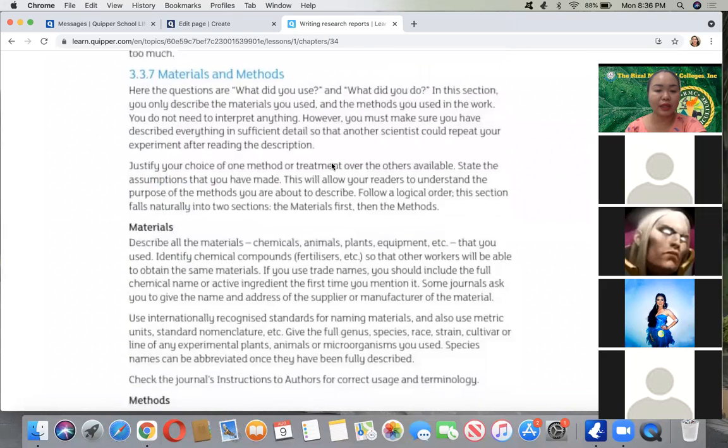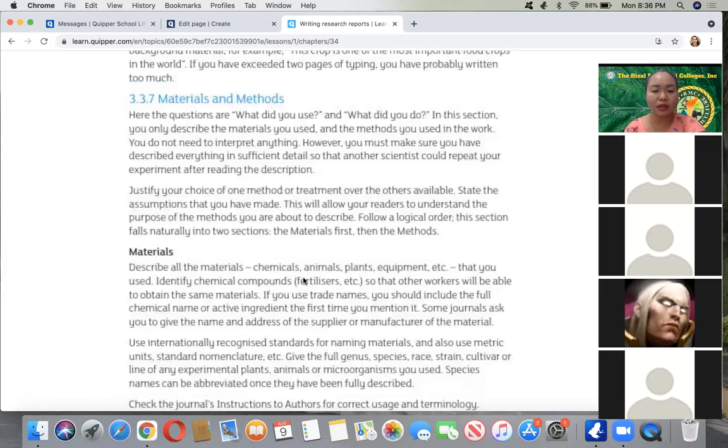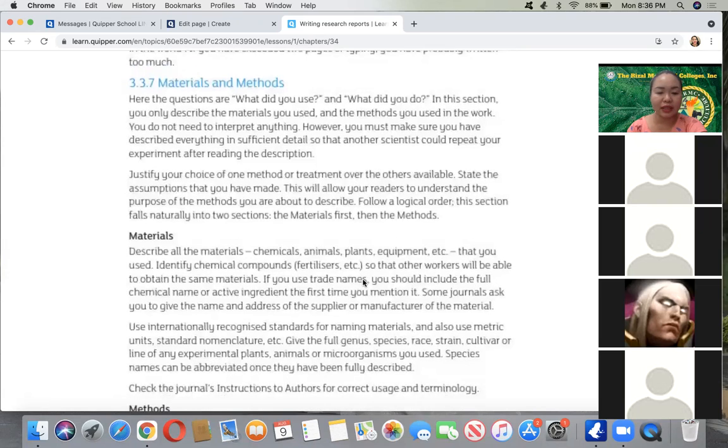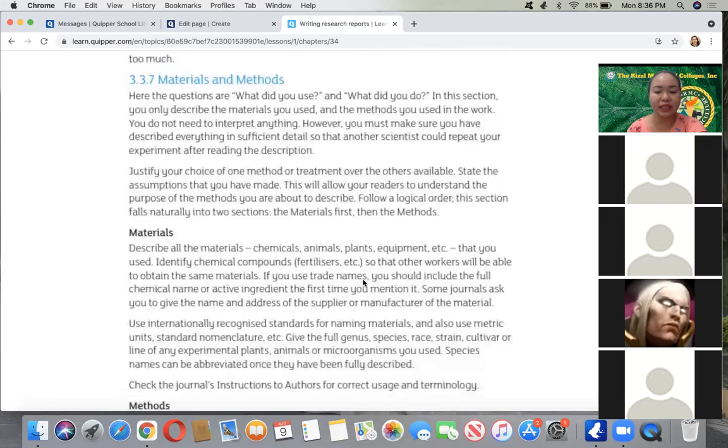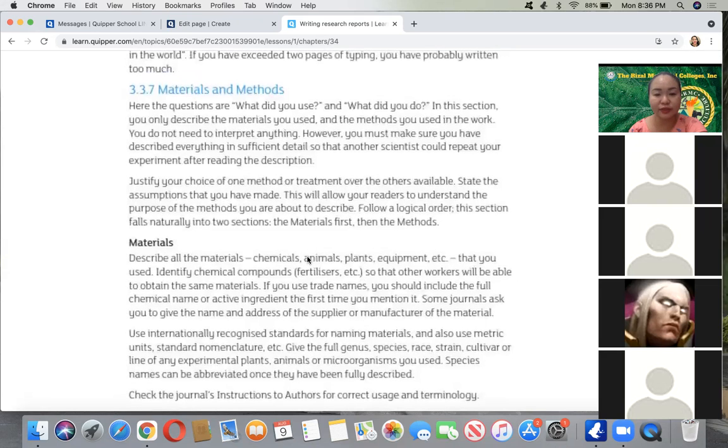The tip here is to describe all the materials, all the equipment, everything. And there are standards in naming, like in the house style, metric units and standard nomenclature, including the name of genus and species, cultivar. We have standards for that.